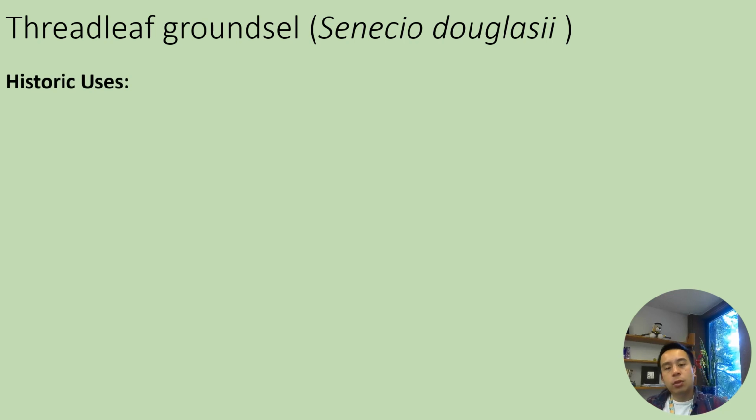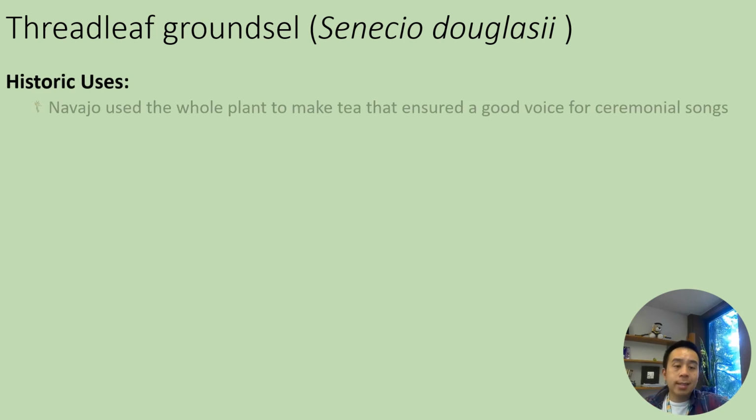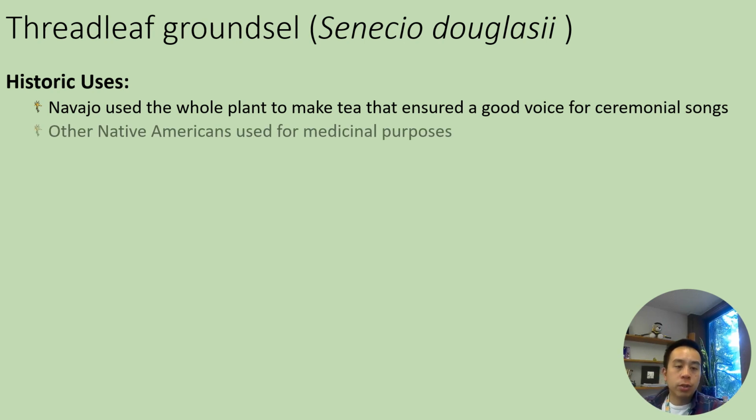So threadleaf groundsel, or Senecio douglasii, also known as Senecio flaccidus, historically was used by Navajo people, and they used the whole plant to make tea that essentially helped with voice, ensuring good voice coming out for ceremonial songs. Other Native Americans use this species for medicinal purposes.